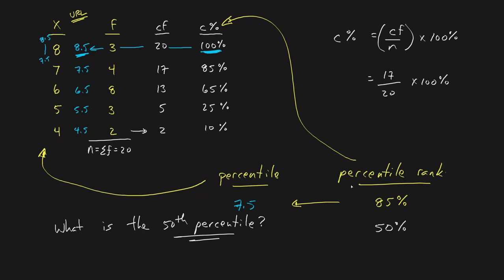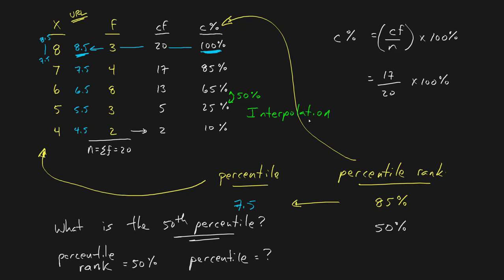We know the percentile rank, so in this question, the percentile rank is equal to 50%, but what is the percentile? This one's a little bit more challenging because you can see that 50 is not actually on my table. There's no 50% listed on the table. It simply falls somewhere between 25% and 65%. So this is where interpolation comes in.